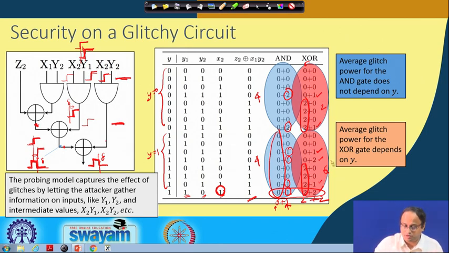The average glitch power is varying and is dependent upon your intermediate unmasked data. That implies that there is an average power consumption because of the XOR, and the XORs are the culprit why this particular masking is still vulnerable in the presence of glitches.